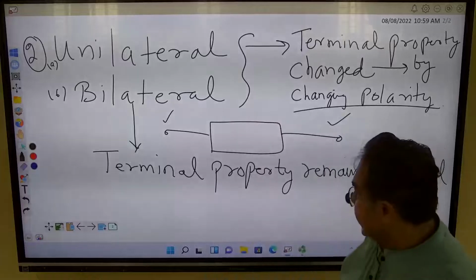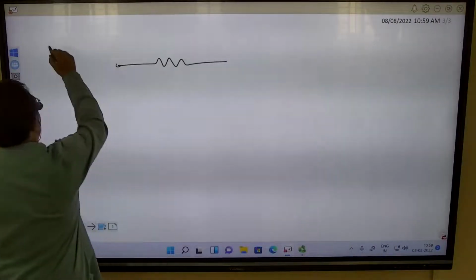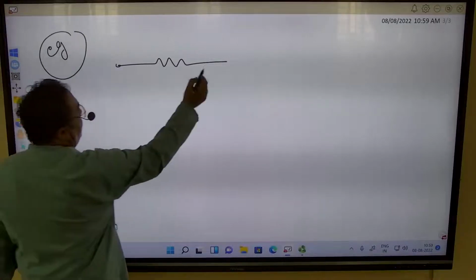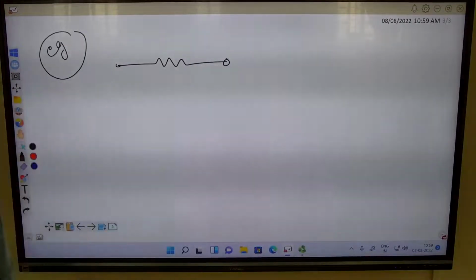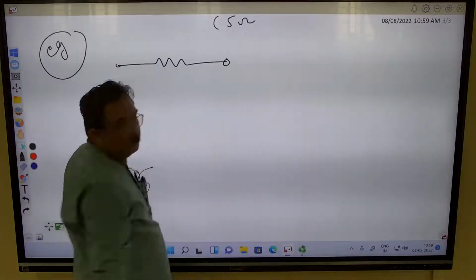Okay, now let us take an example. I have taken a resistor, okay, you know it is of value 5 ohm.